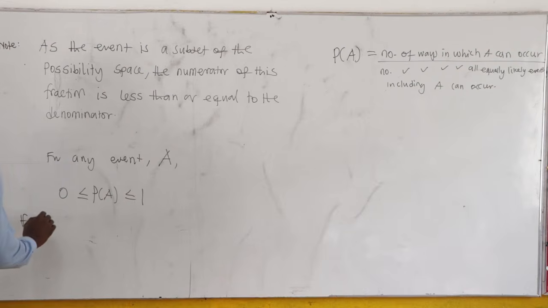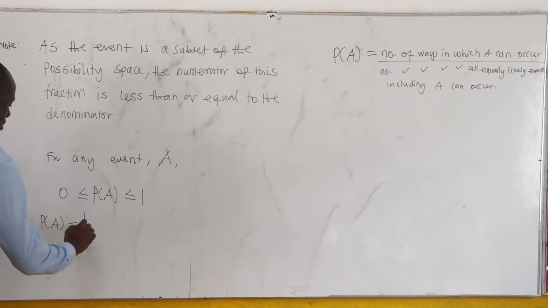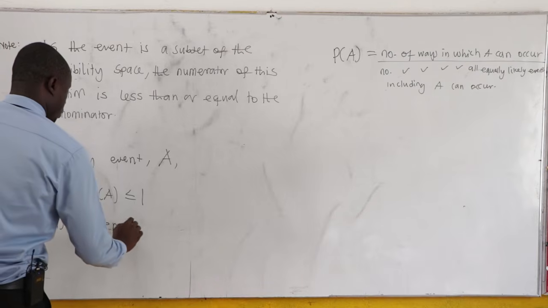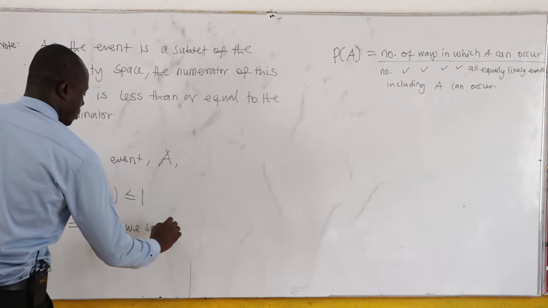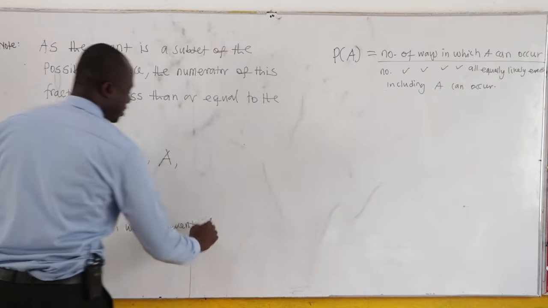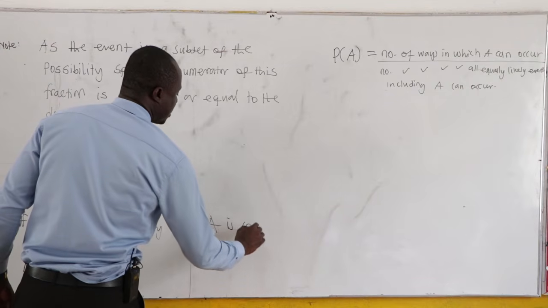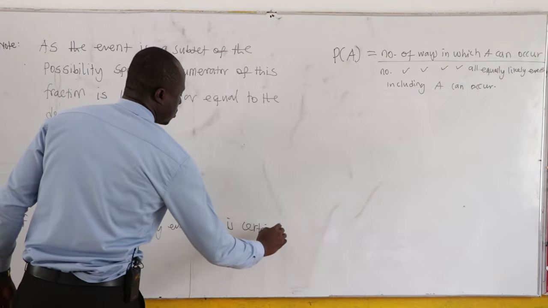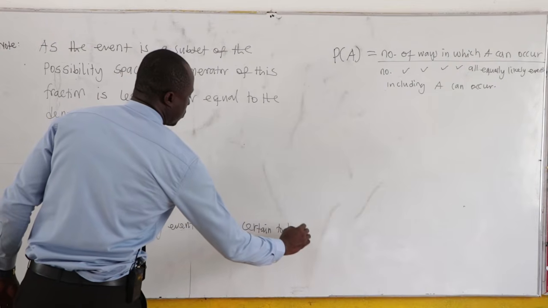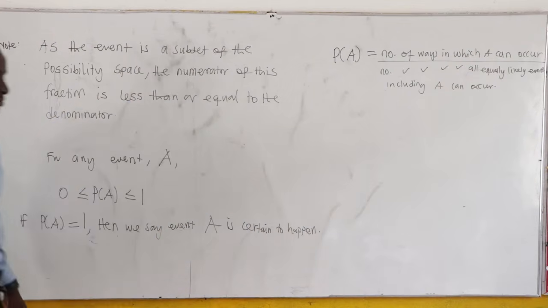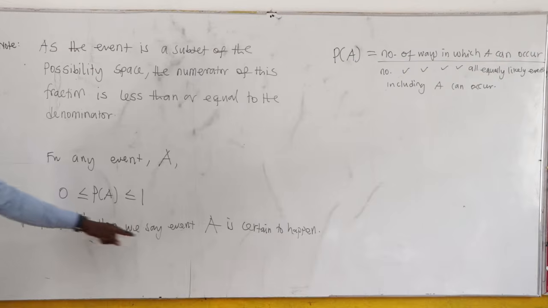Now, if the probability of A is equal to 1, then we say event A is certain to happen or occur.